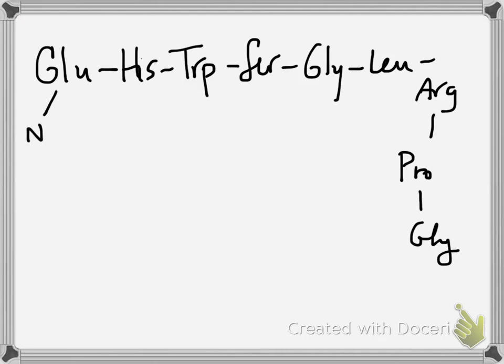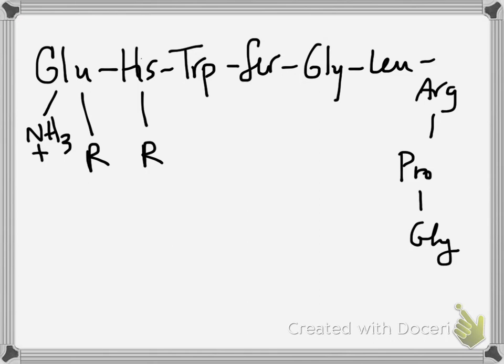So the first group, starting from the N-terminus, that we'd look at is the amino terminal end of the first amino acid. So that'll be an amino group there that we care about. We also know that glutamic acid has an R group that's ionizable. We also know that histidine has an R group that's ionizable.